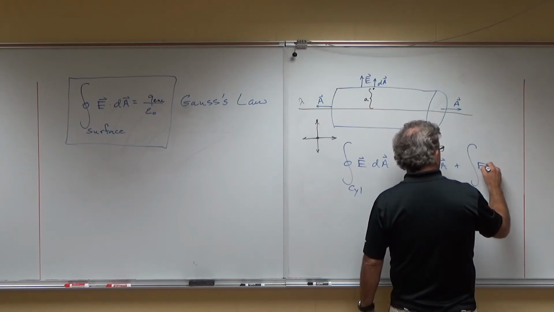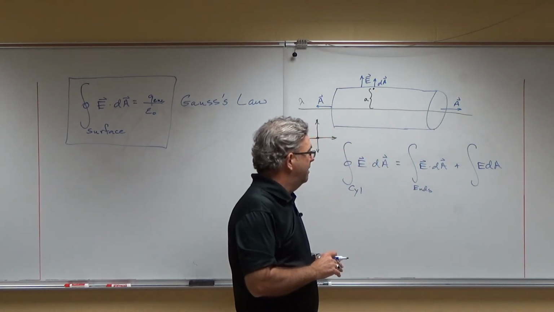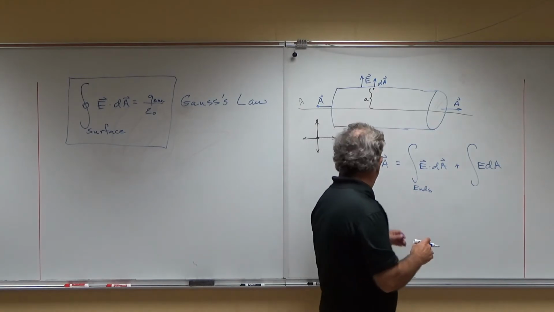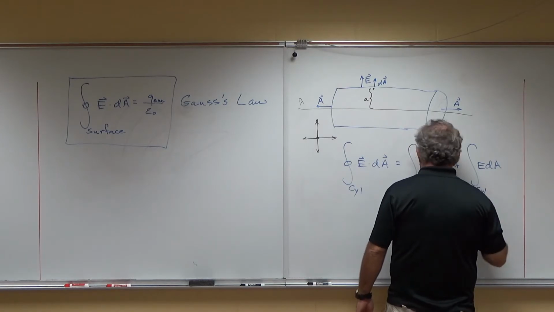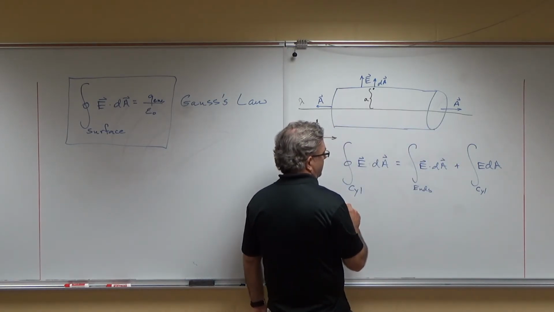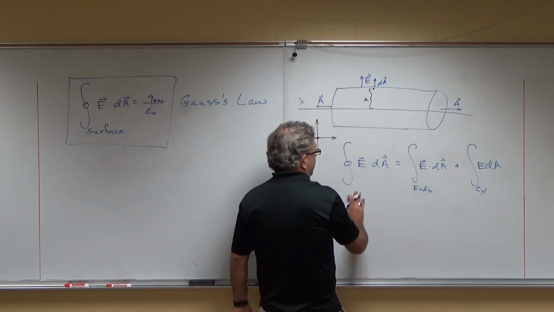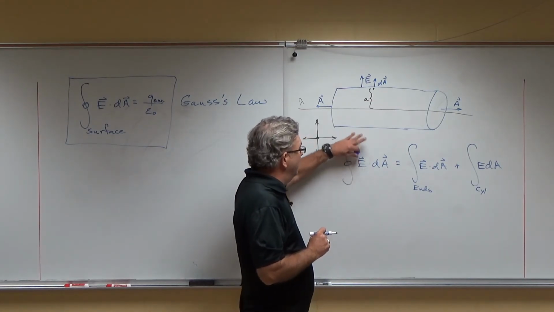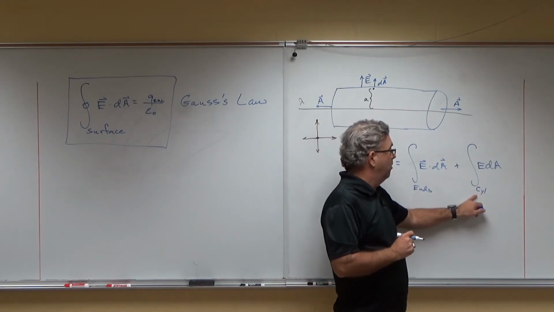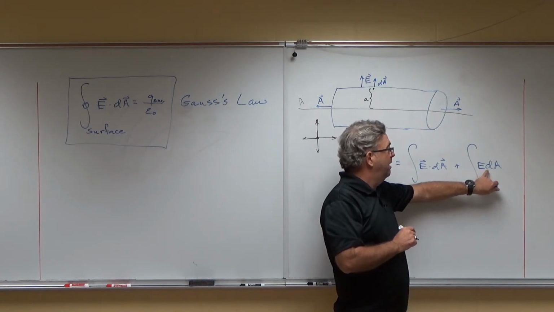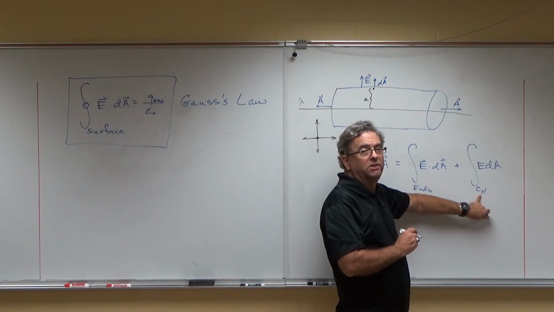And there, I took care of the dot product, that's E dA over the cylinder. My notation's not that great, but we're taking the integral over the entire closed surface. So I've got the integral over the ends and then the integral over the cylindrical part.